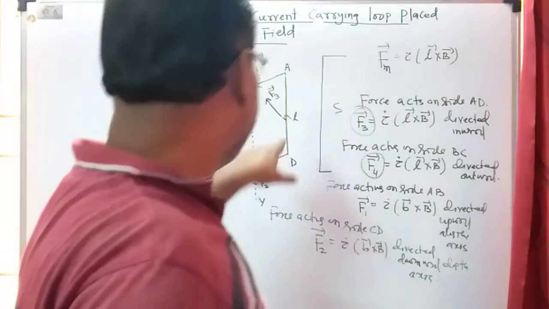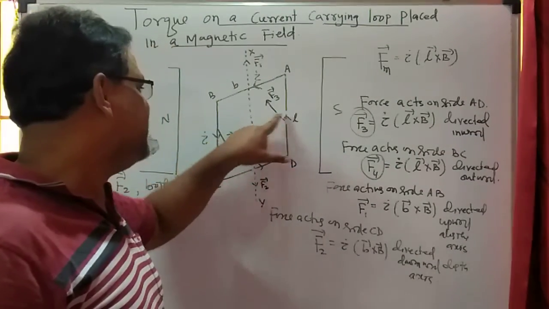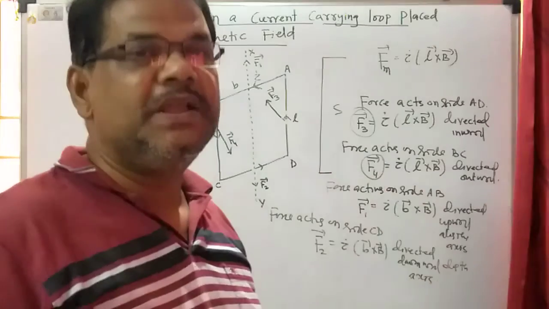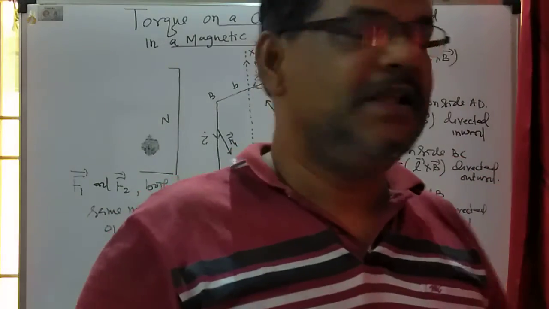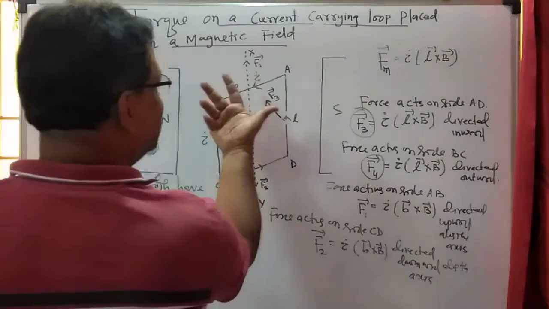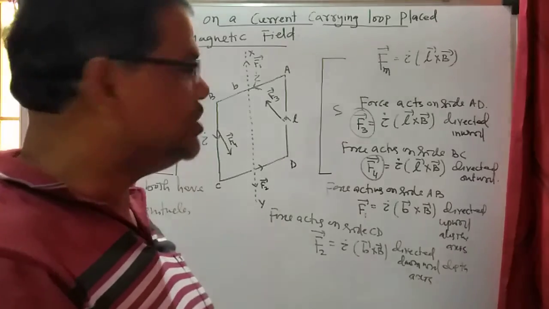So F3 and F4 will give rise to a couple. It will rotate the coil in the anti-clockwise direction. So F3 and F4 give the torque.